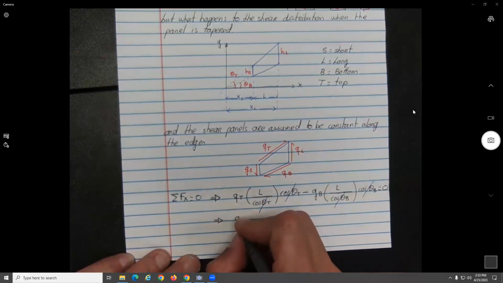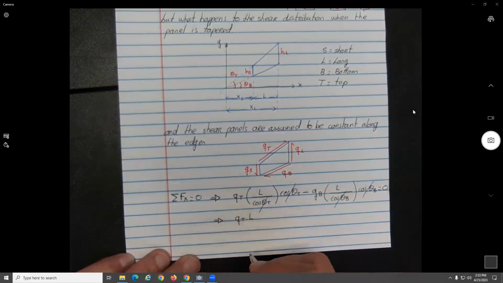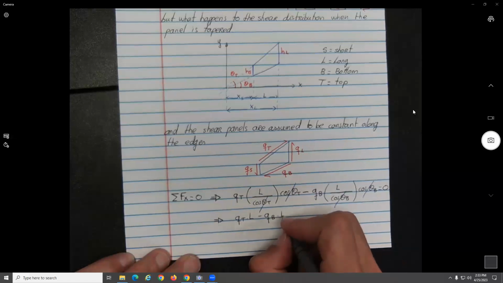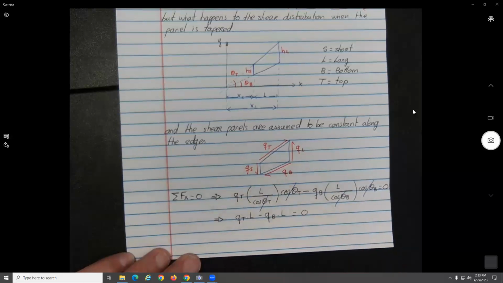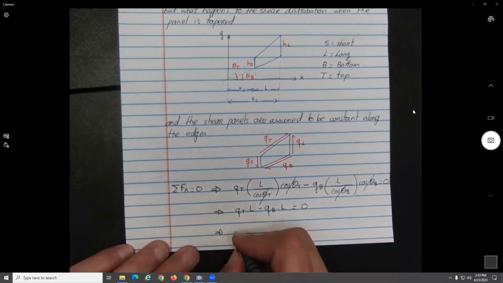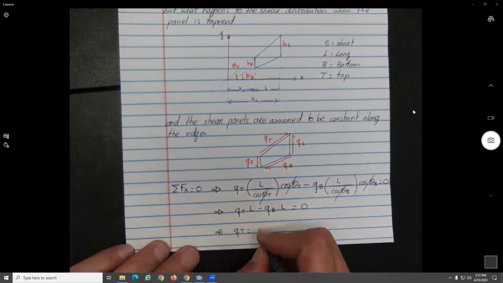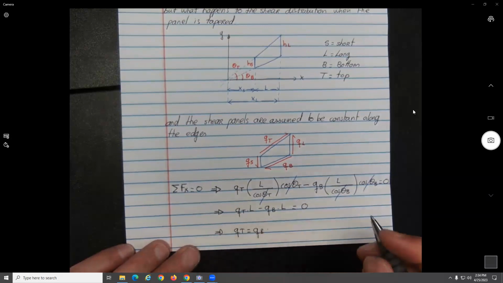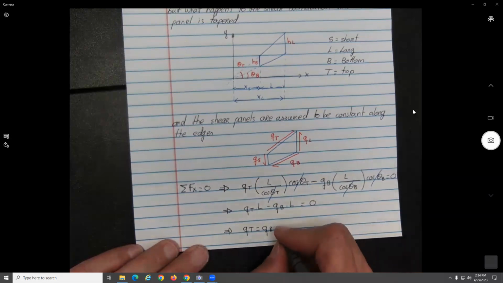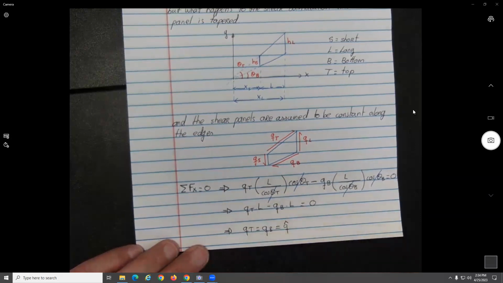We're going to have Q top times L minus Q bottom times L equal to 0. Or from here, we can find Q top equal Q bottom. You can do this because you can cancel the L. And since they're equal, we're going to call this one Q hat.